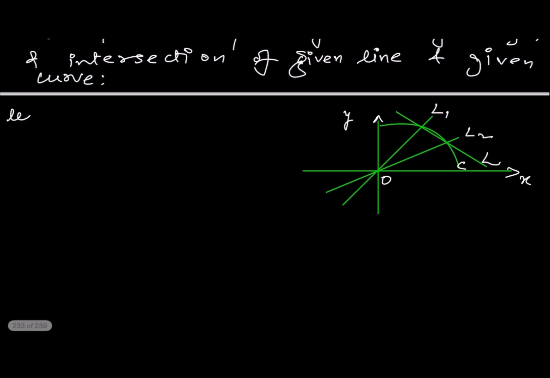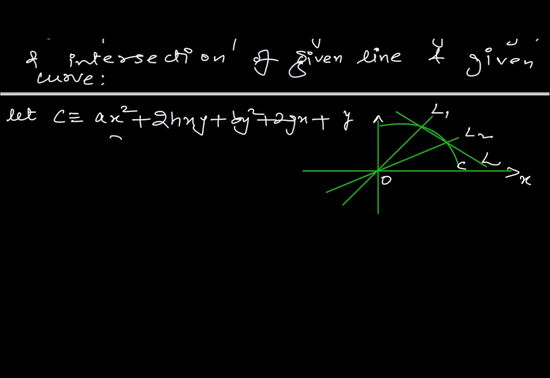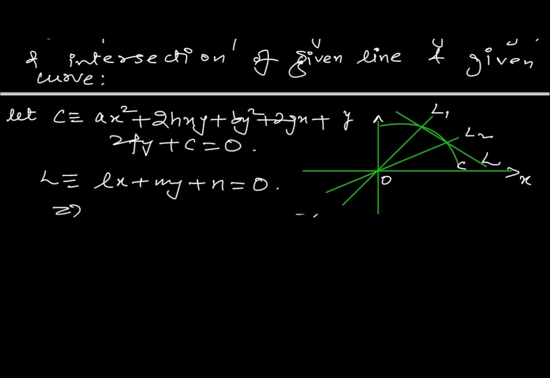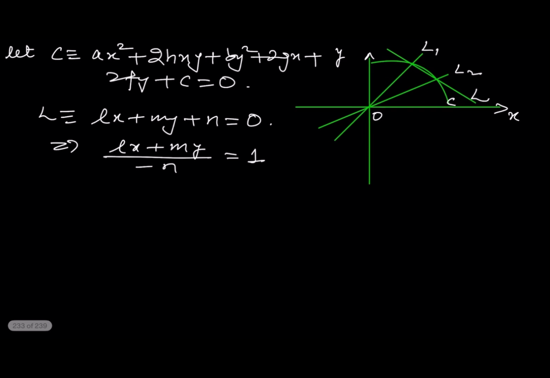So let's see with a given curve which is of 2 degree. So write using general equation of 2 degree: ax square plus 2hxy plus by square plus 2gx plus 2fy plus c is equal to 0, and line is lx plus my plus n is equal to 0, or you can write (lx plus my) upon minus n is equal to 1, right?